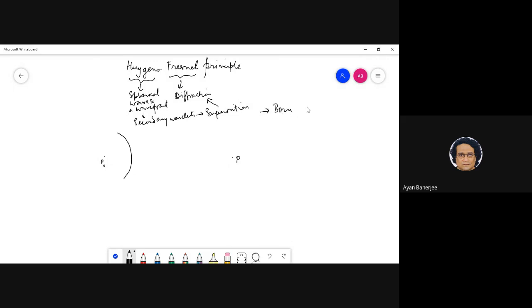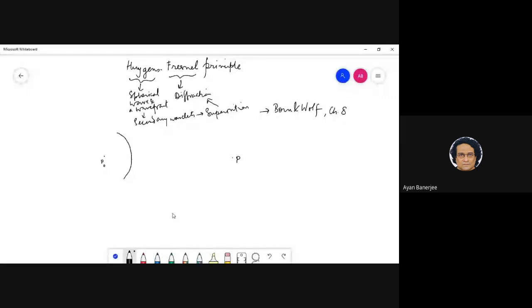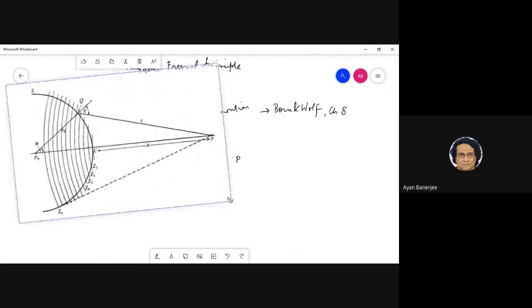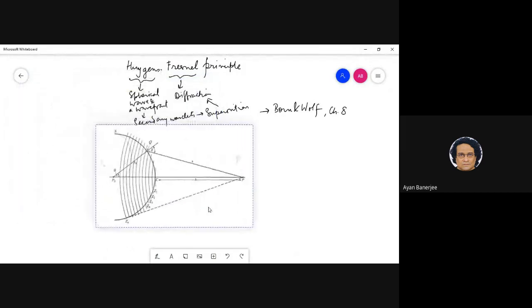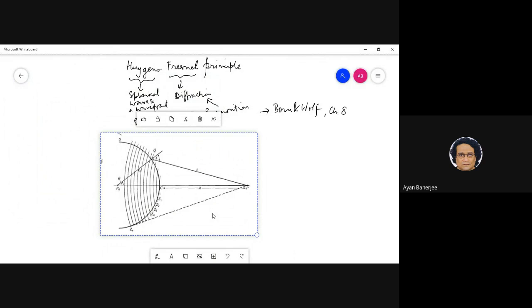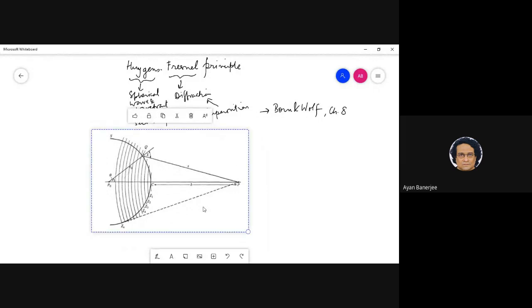This is from Born and Wolf, chapter 8. I will directly use the picture available online.